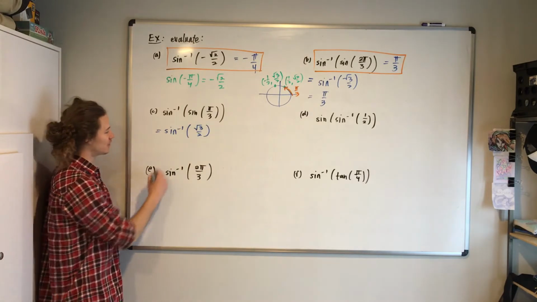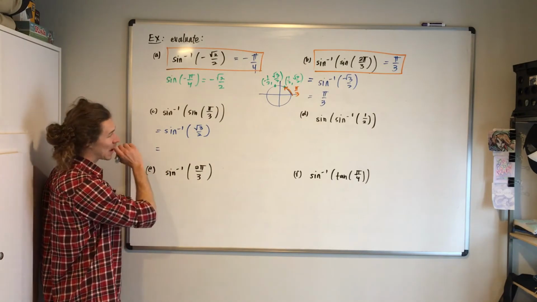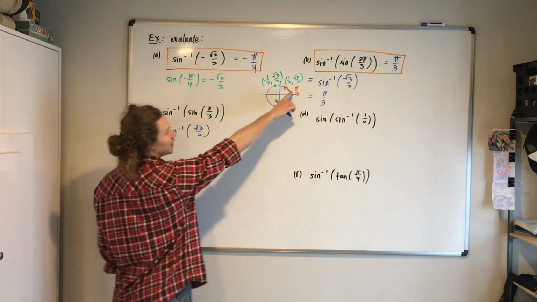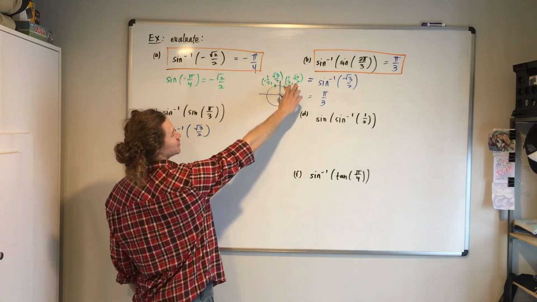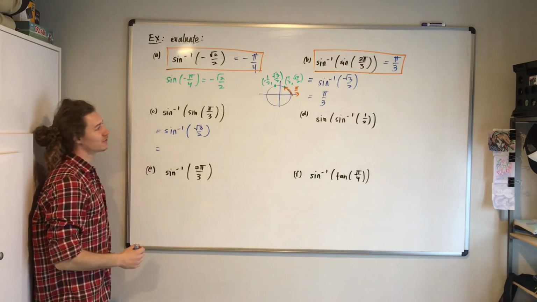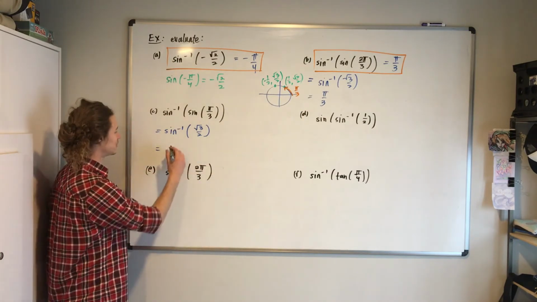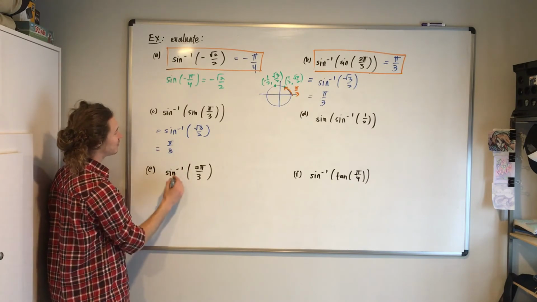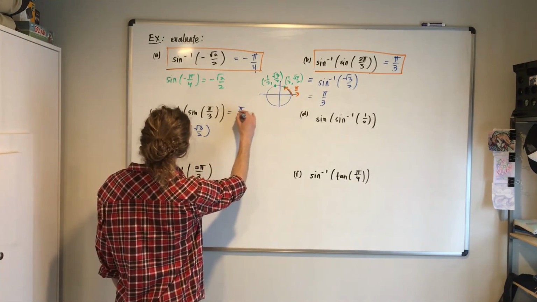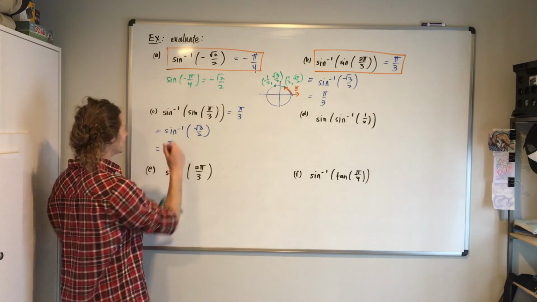The inverse sine of √3/2, note that this will be the same value we found here. The real number pi thirds corresponds to a terminal point with the y-coordinate of √3/2, and pi thirds is a real number between negative pi halves and positive pi halves. So we have our solution here, also pi thirds.